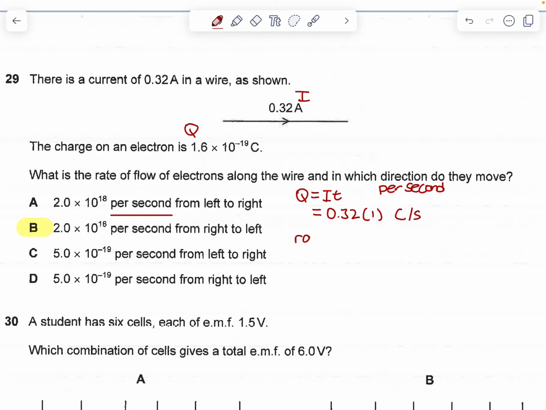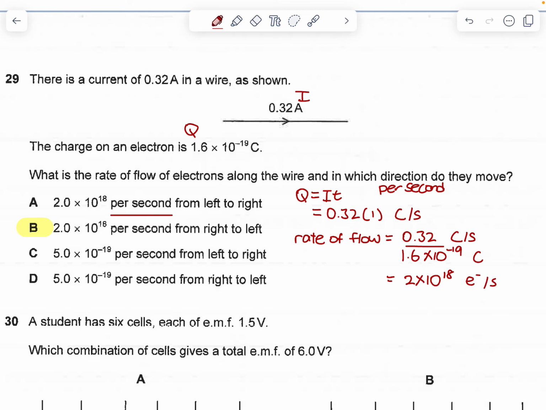Now they're asking you for the rate of flow, which is equal to 0.32 divided by the charge of the electron, 1.6 times 10 to the power minus 19 C, which will give you 2 times 10 to the power of 18 electrons per second.